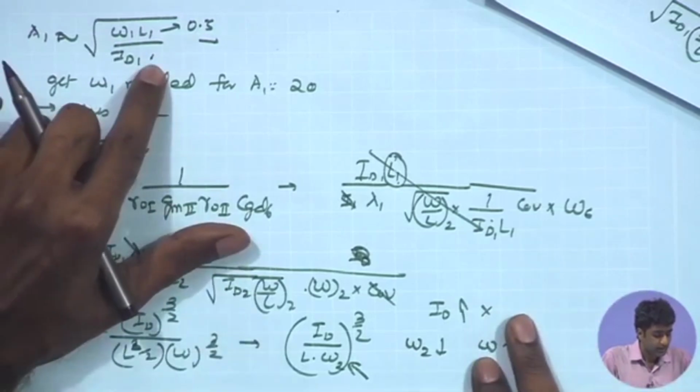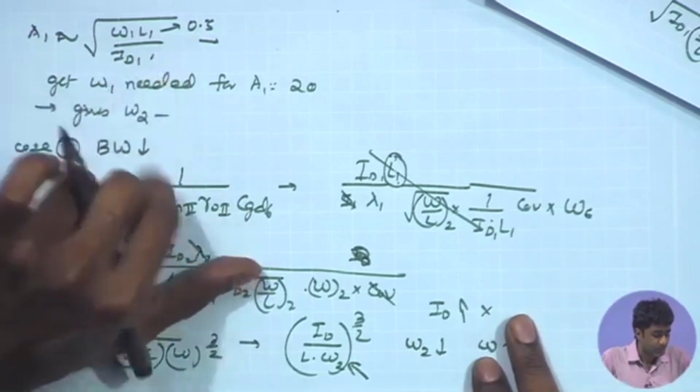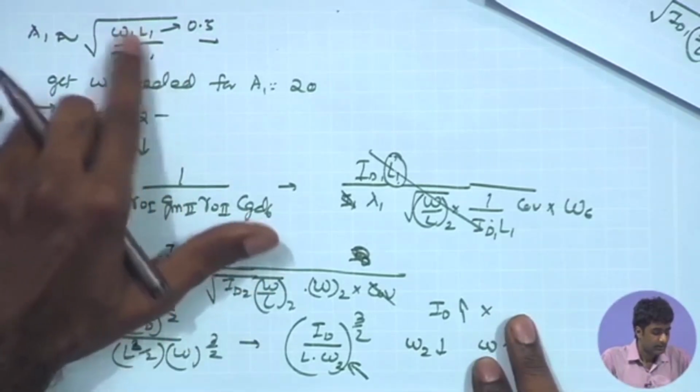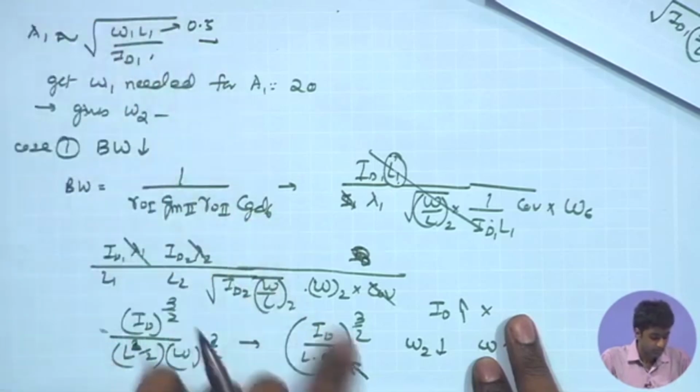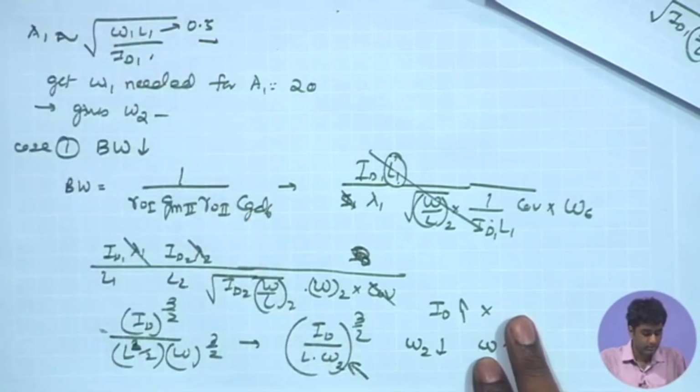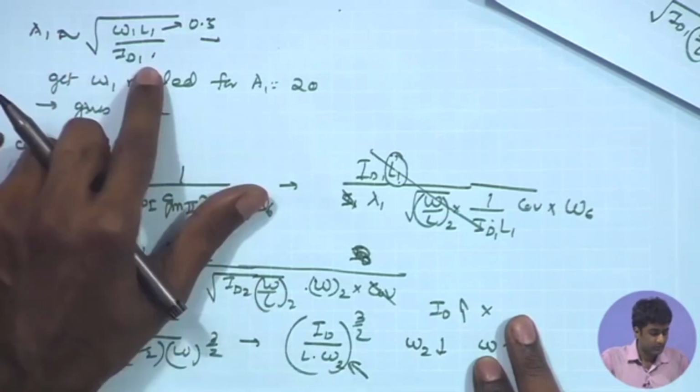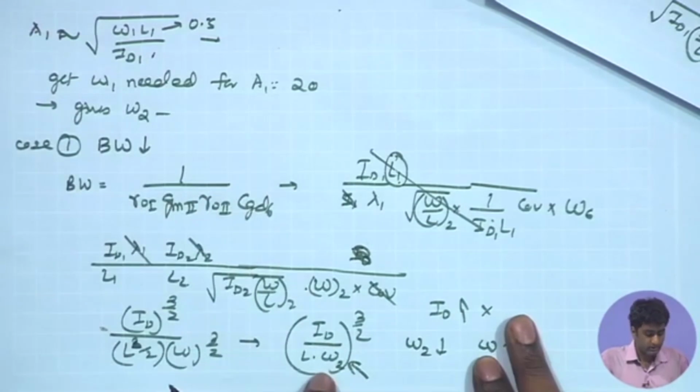So we can see if I reduce the ID over here, the gain in the first stage may go up once again, but however the bandwidth over here will be getting limited. And once again, if I want to keep the bandwidth also sufficiently high, that would mean that I need to once again reduce the L. So rather than choosing the same L, I can go for an L2 which is smaller.